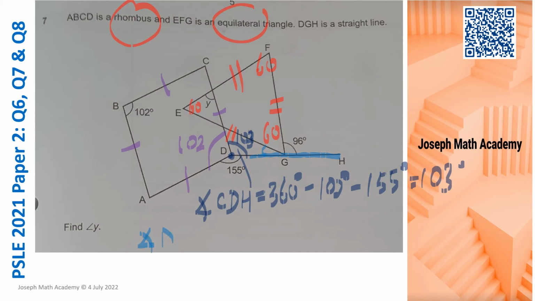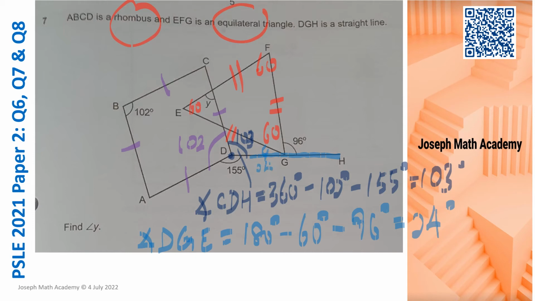So 180 degrees subtract 60 degrees, subtract 96 degrees. Using our calculator, we have 24 degrees. I shall plug in 24 degrees here as neatly as we can.